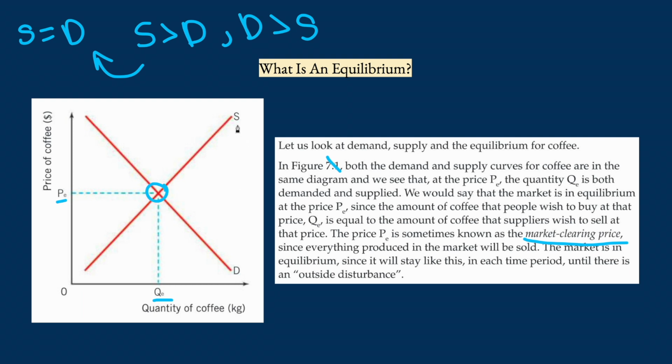And I've already introduced you to quite a few graphs, but I haven't yet shown you how to draw them. But it is so important because, for example, on paper 2, they might tell you to draw a supply equals demand equilibrium curve for kilograms of coffee, and they'll expect you to make a graph from that. So I'm going to point out a few different features of a basic market equilibrium graph.